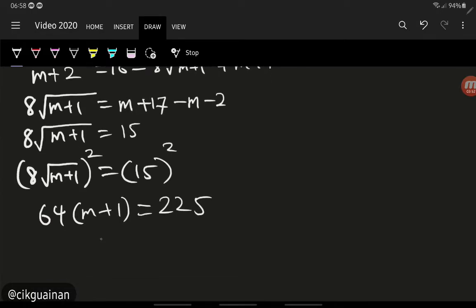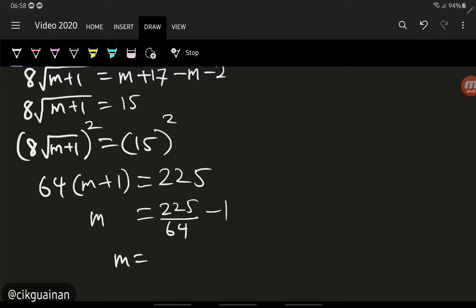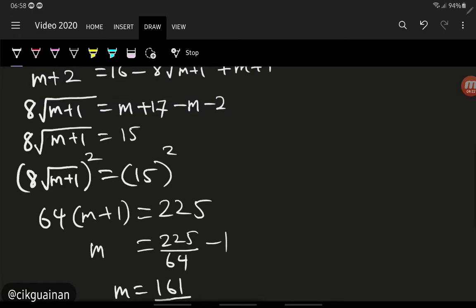So what we have is 225 over 64 equals m plus 1. The plus 1, we minus 1. Therefore m equals 225 over 64 minus 1, which becomes 161 over 64. This is the value of m.